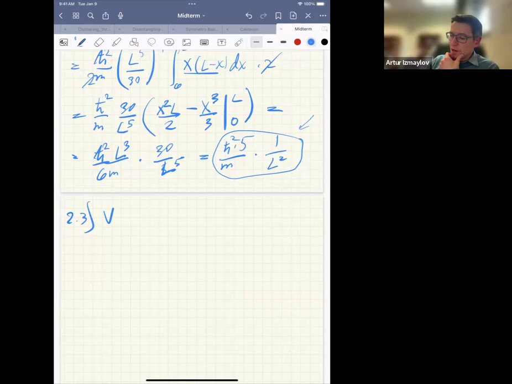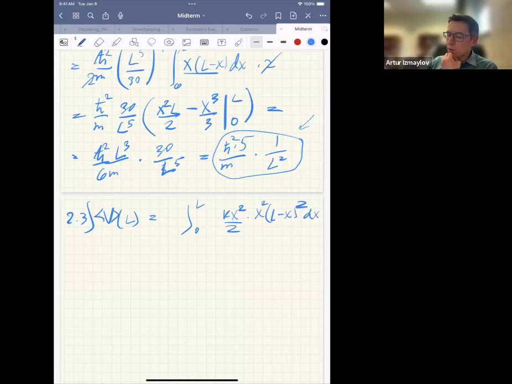All right. Now let's do V of L averaged. It's the integral again between 0 and L. So that's where the function is kx squared. And then two functions, x (L minus x) squared divided by 2 dx.